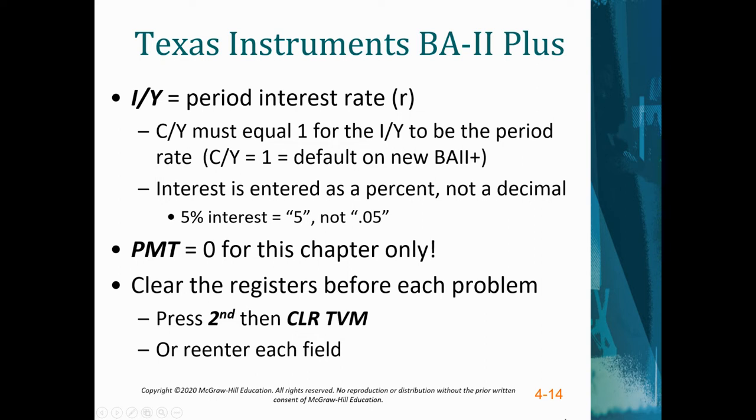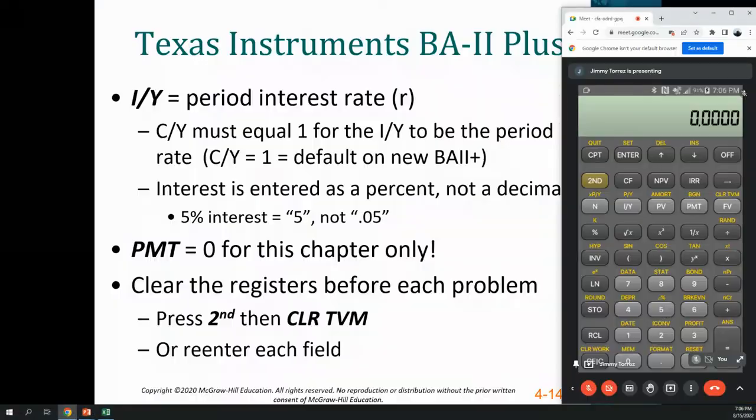Now, going back to the calculator, before we start each problem, we need to clear all the information so we don't have bad information in our calculation. Basically the way we do this is we hit C, and in this case, clear work CI. So I'll hit second, and I'm going to clear my work.